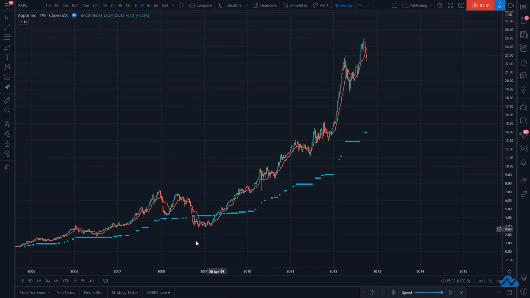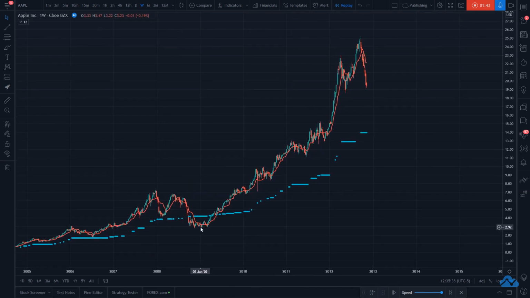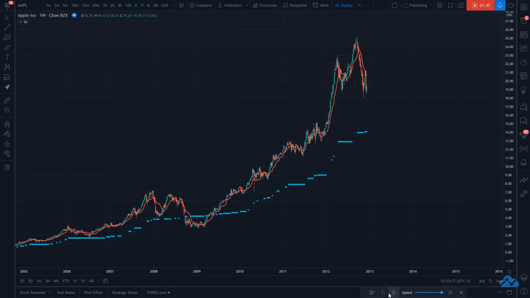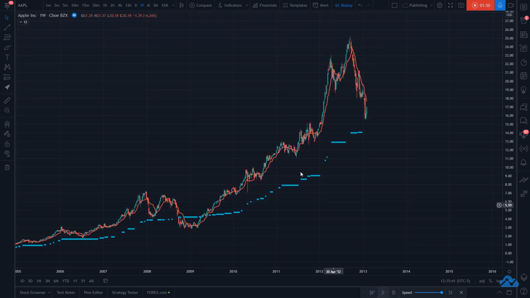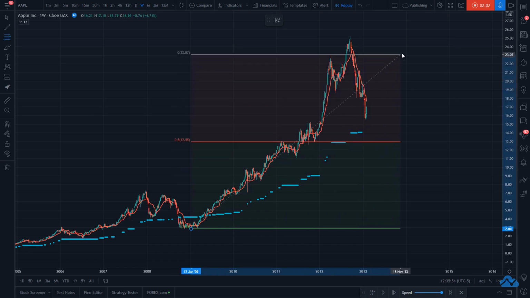So we had this big run starting in 2009 all the way up to about 2012. If we were a long-term investor in Apple, I remember a lot of people talking about this. Everybody's talked about Apple for decades, but a lot of people were in on this run. It was the stock to be in.